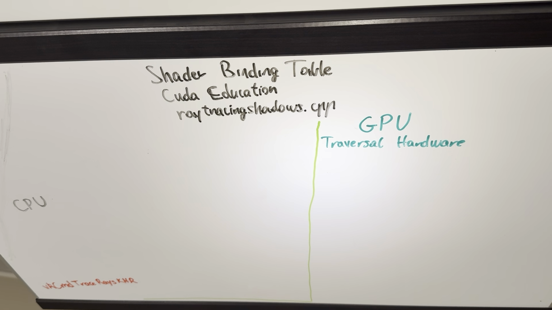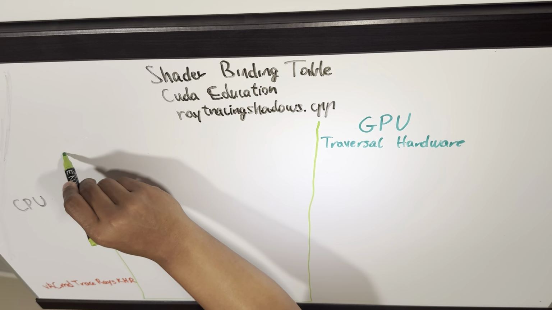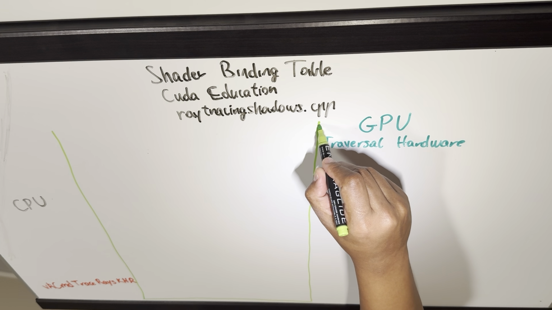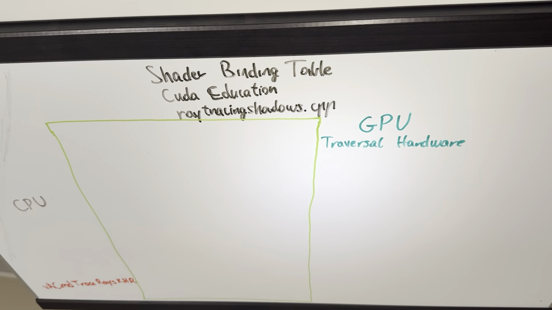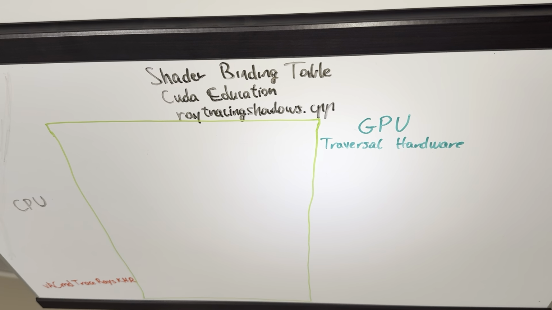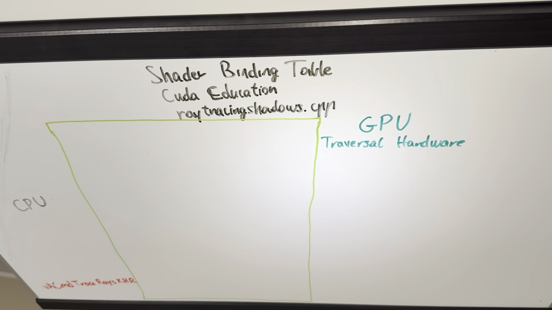That basically goes all the way around like this, and we're going to call this host visible memory.